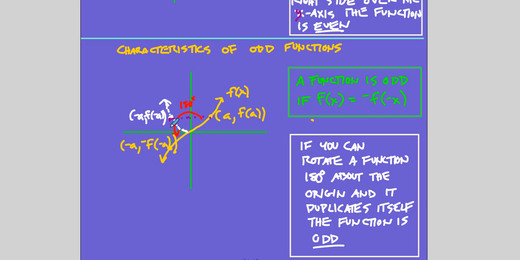But if I then reflect it over the x-axis, I get negative A, negative f of negative A, because this goes from f of negative A to negative f of negative A. That point gets put back on the function f of x. So we say a function is odd if f of x equals negative f of negative x. In layman's terms, if I can rotate this function 180 degrees about the origin and it duplicates itself, we say the function is odd.